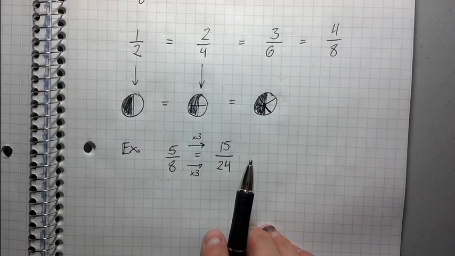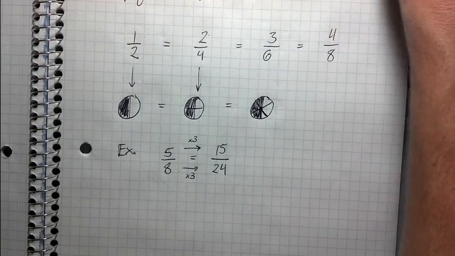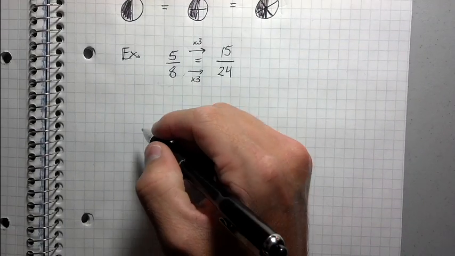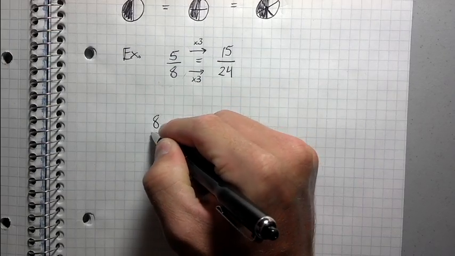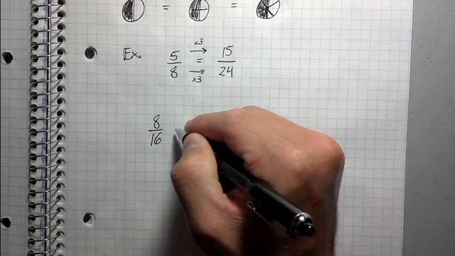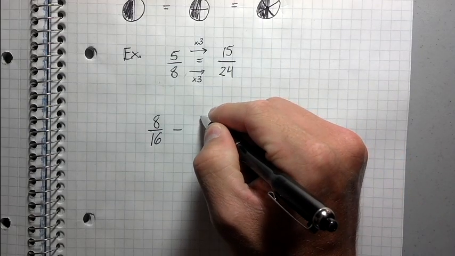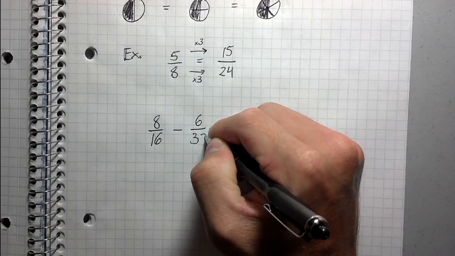So here's a real world problem that you might actually encounter. Let's say that we had something like this. We had, I don't know, 8/16, and we're trying to subtract, I don't know, how about 6/32.